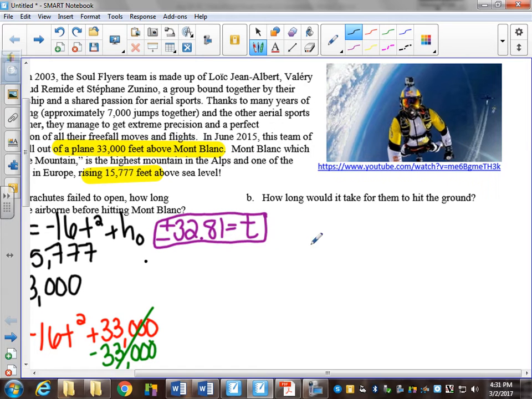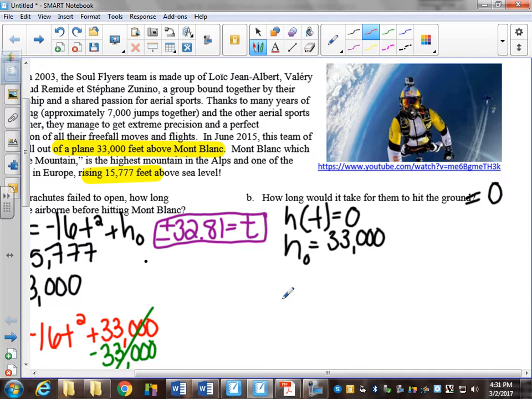Now we're asked, how long would it take for them to hit the ground? The height of our ground is 0. So we're going to do the same thing, except now our ending height is 0. Plug everything back into our original falling objects model. We are solving for t, therefore, let's move this 33,000 over.